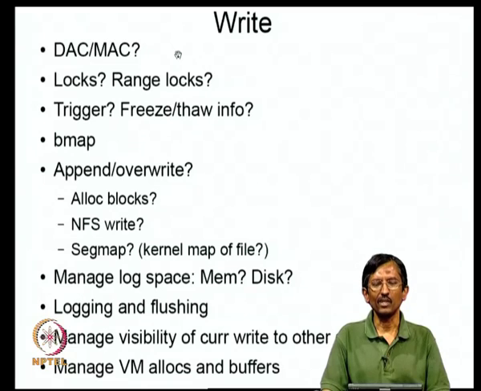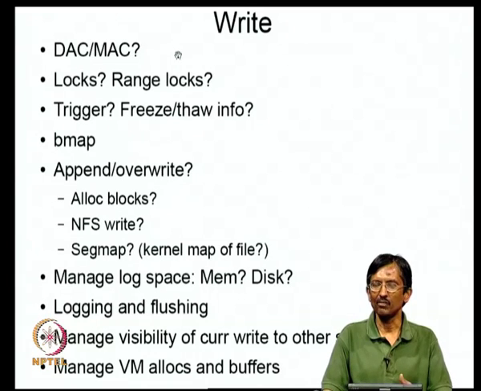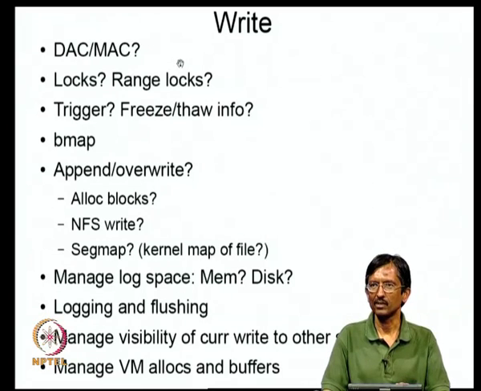One thing I should already mention is that when you do a write, you can be coming from an application which is using something like fwrite. Fwrite is a libc call, and libc has to look at fwrite and convert it into a system call. Once the system call comes in, you have now entered the kernel.